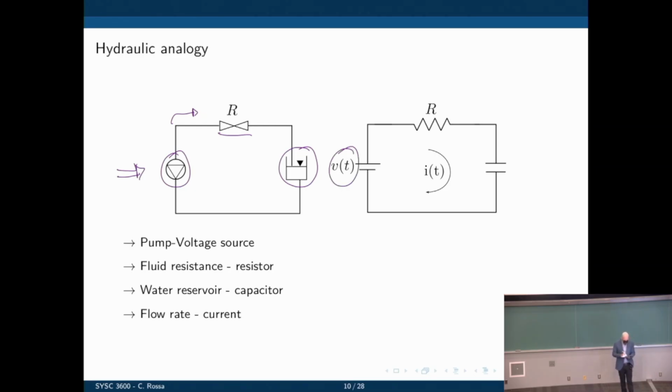That's the voltage. The resistance is the resistance in the electrical circuit, and the storage of fluid there is simply the capacitor storing energy. If you want to add the fluid flow inertia, then you could just add an inductor to the electrical circuit.